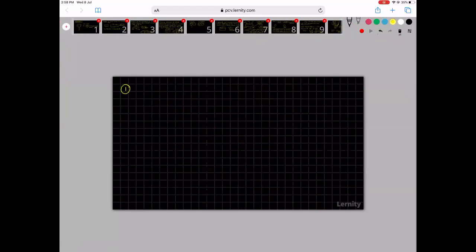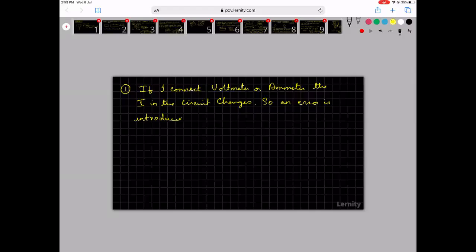Statement 1. If I connect a voltmeter or ammeter, the current I in the circuit changes.